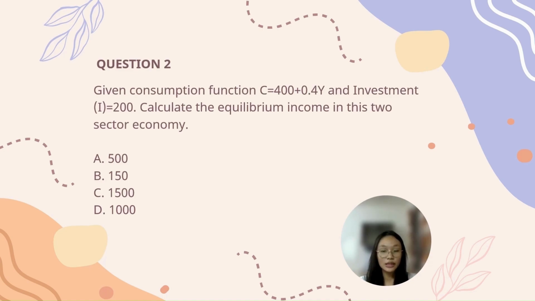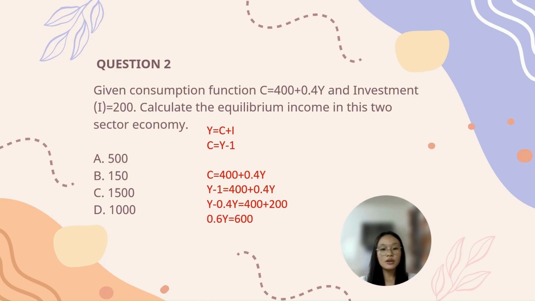Regarding the knowledge that you have learned before, you will know the formula Y equal to C plus I. Now the question wants you to find the equilibrium income, which is Y. So you just replace in the formula, and you will get Y minus 0.4Y equal to 400 plus 200, 0.6Y equal to 600, and lastly, you will get Y is equal to 1000.